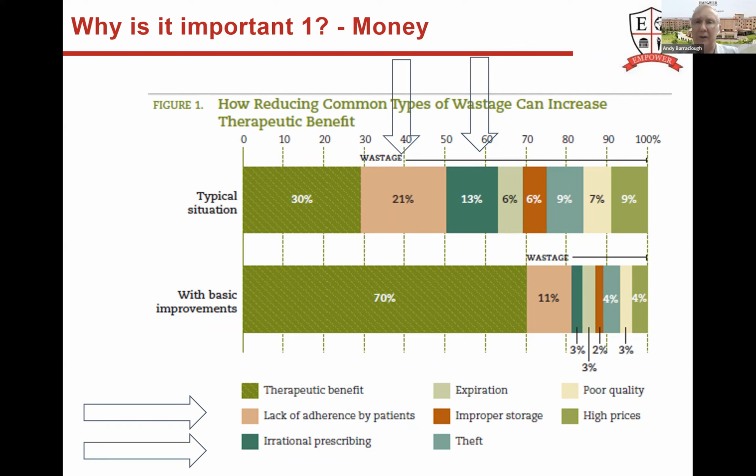And that's hard for most low and middle income countries because it's very hard for us to get enough finance and support to achieve that. But to get to 70%, all we need is basic management procedures. But the key point is the major area of wastage is not expiry or theft or poor quality. It is lack of adherence by patients and irrational prescribing. It's big money being wasted.